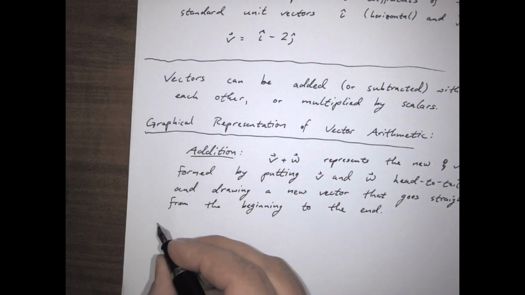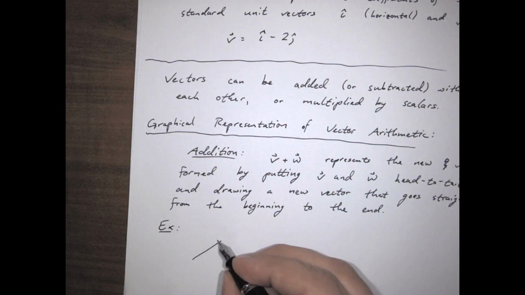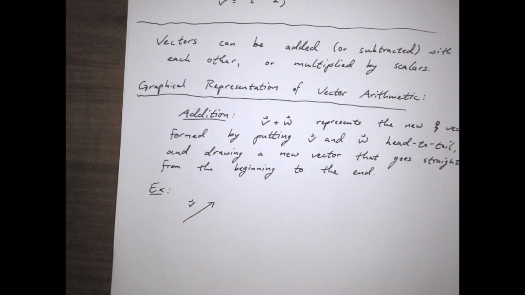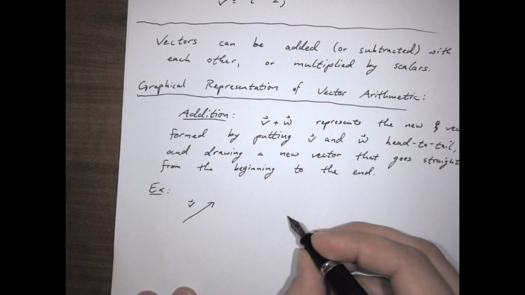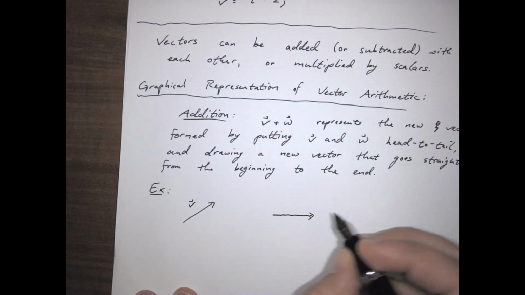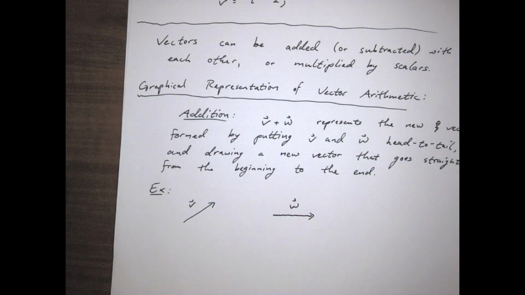So for example, let's say v is going like that, up and to the right and is that long. And let's say w is maybe that long and it's just going straight to the right.